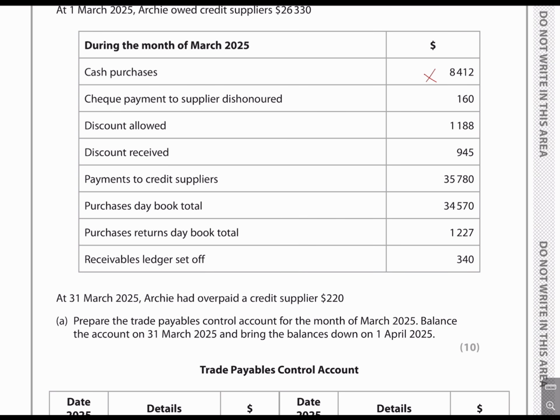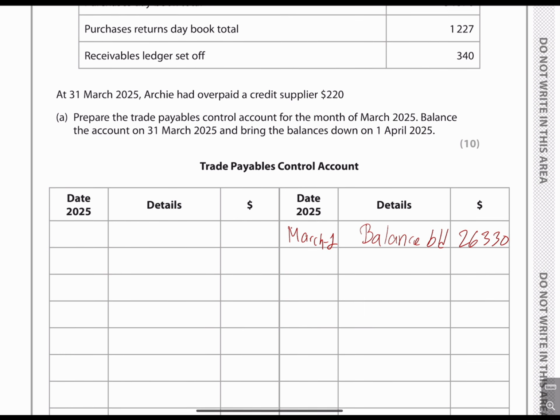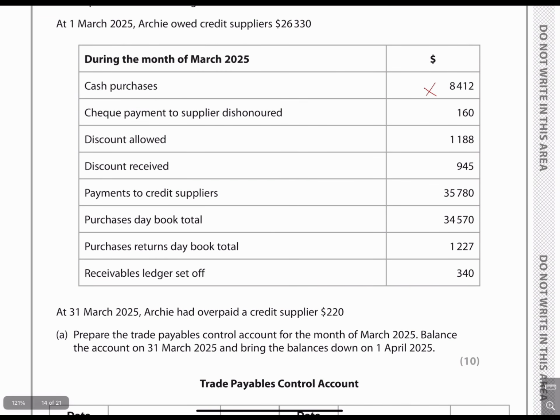All right. Now the cheque payment to a supplier dishonoured. You have paid this amount to the supplier, but it got dishonoured. Firstly, you did decrease your liability, right? We decrease our liability when we pay any money to the supplier. Now it got dishonoured, so our liability increased back.